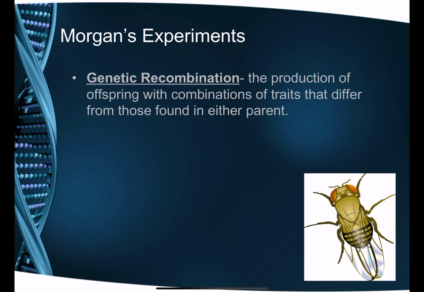So generally what we say is if it has a recombination frequency greater than 50%, then they are on different chromosomes. If they are inherited separately more than 50% of the time, then they are on different chromosomes.